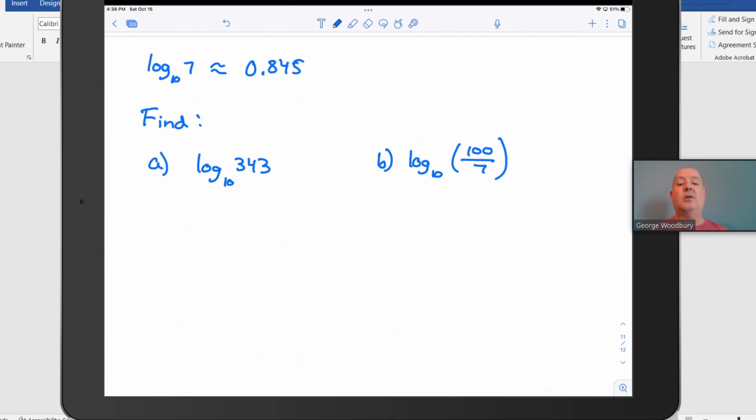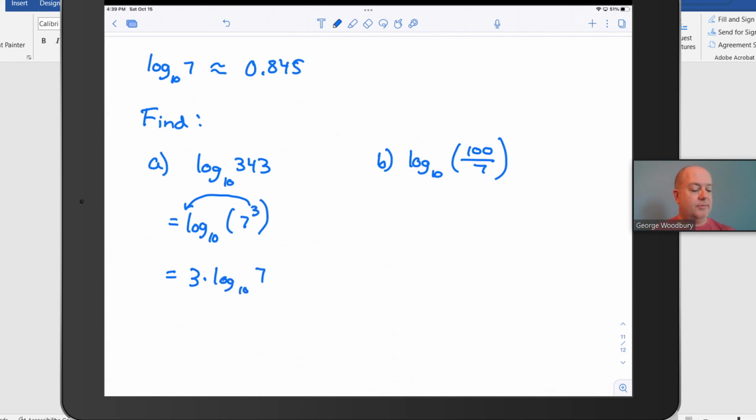And I need to find log base 10 of 343. The trick with this one is to realize that 343 is 7 to the 3rd power. By the power rule, I can move that 3 out to the front as a factor. 3 times log base 10 of 7.